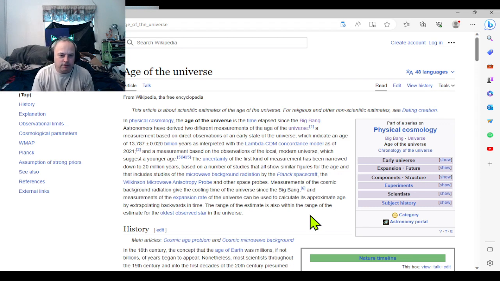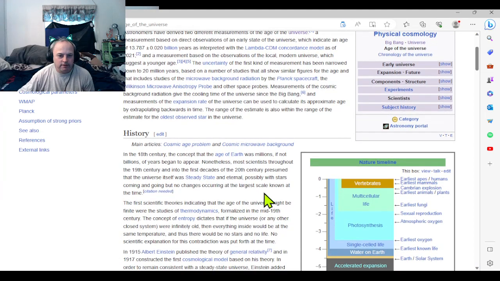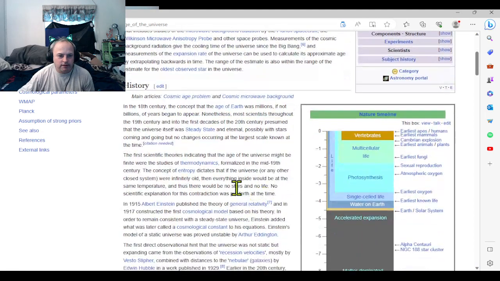Narrowed down to 20 million. They're saying all. They're saying everything. They're saying the steady state known as the line.